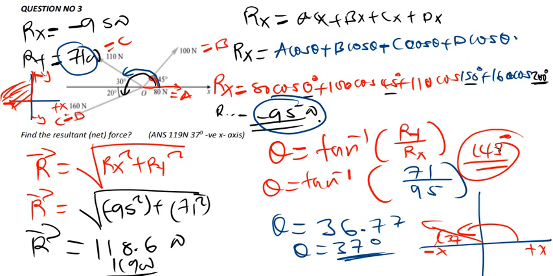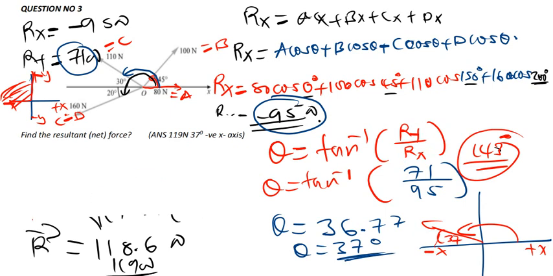So the most important thing which you have to understand under vectors is how to get the angle and how you are going to present the answer. So you can present the angle in two ways, either from negative x-axis or from positive x-axis. You can either use clockwise or anti-clockwise.